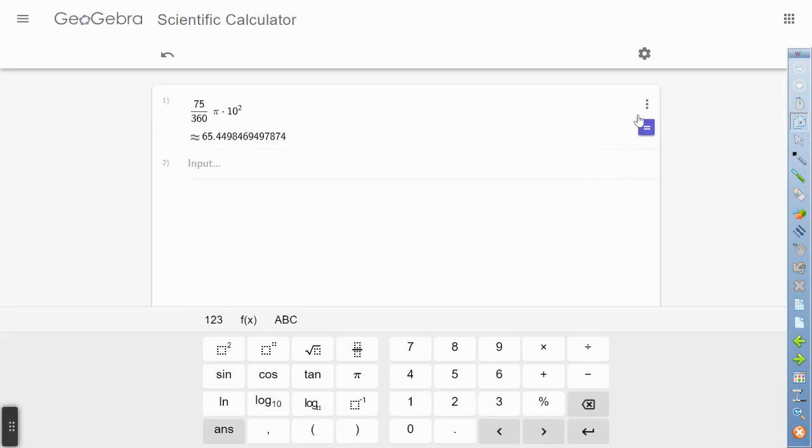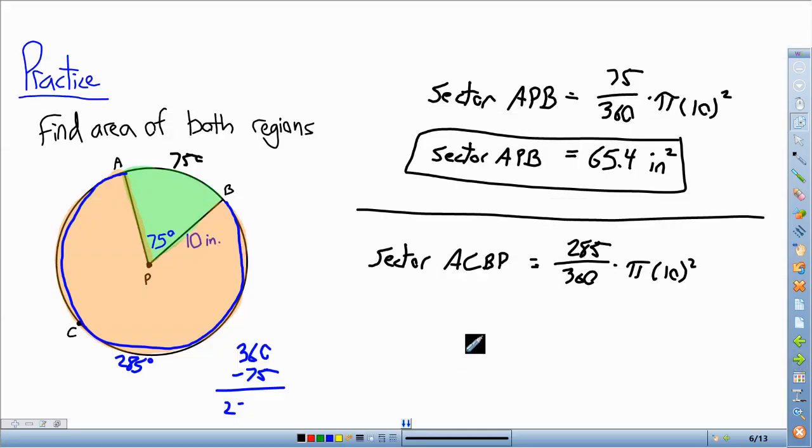So let's see what we get. 285 divided by 360 times, don't forget to press times, pi 10 squared, 248.70. So 248.7. All right, and then don't forget inches squared.